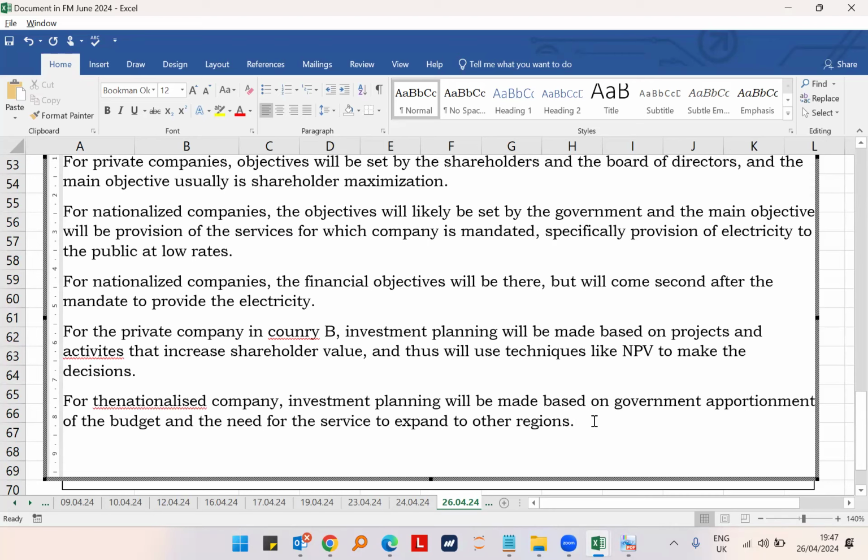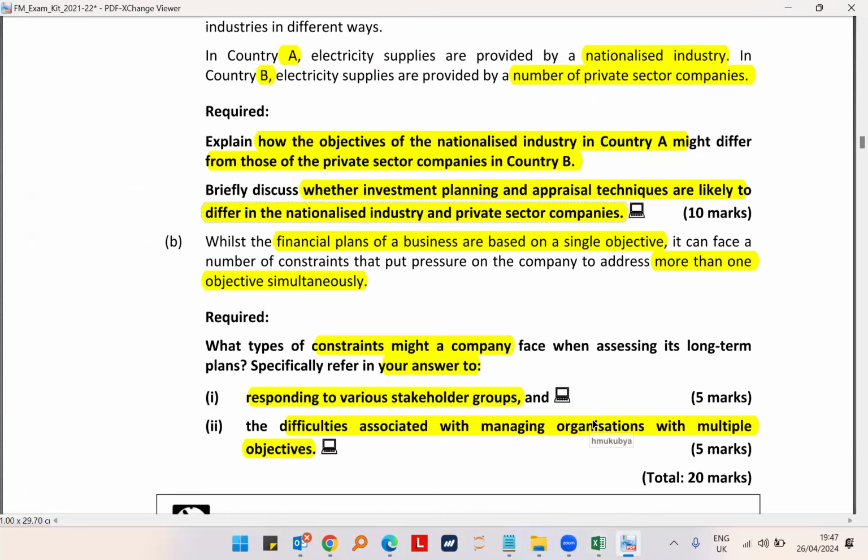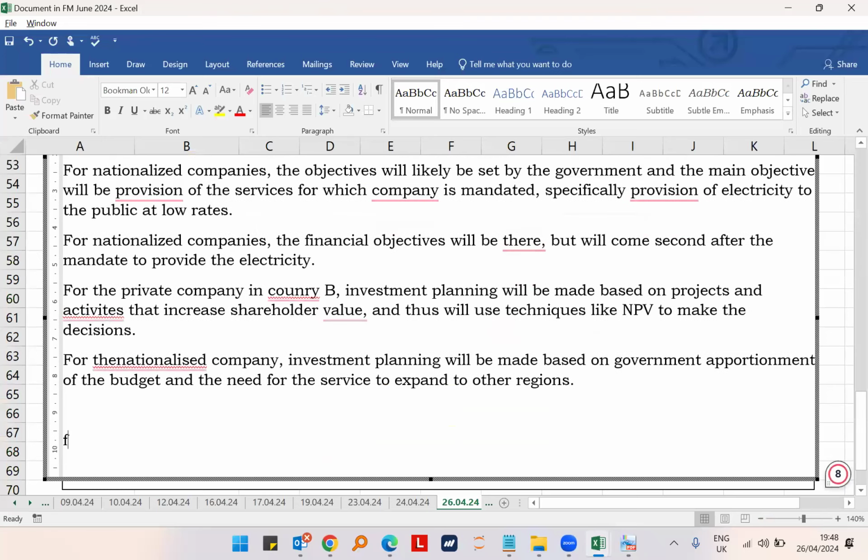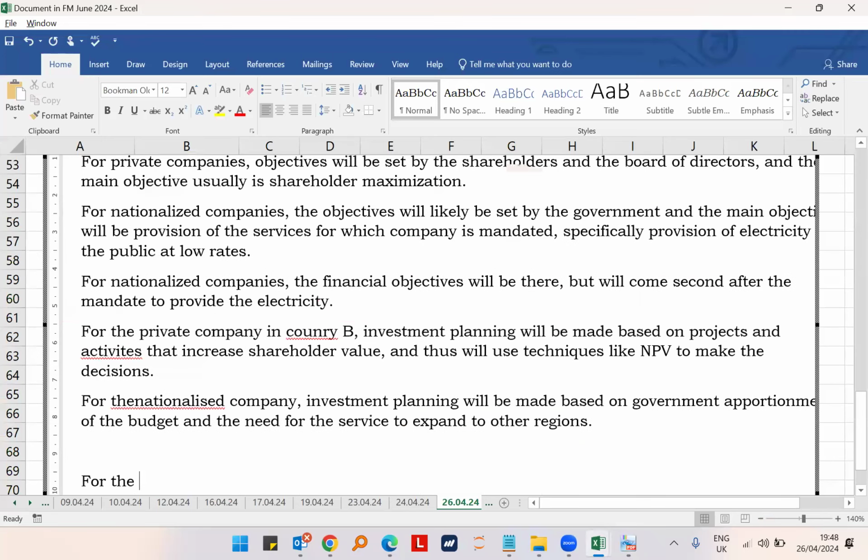Now, remember we talked about investment. Now let's talk about appraisal. So appraisals usually happen after the investment, right?